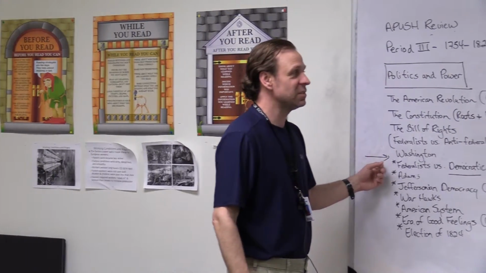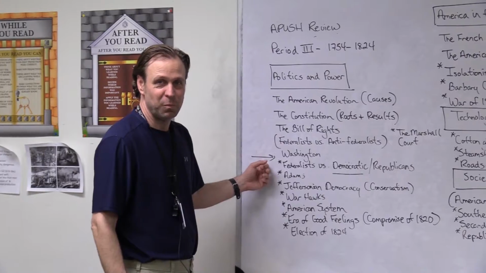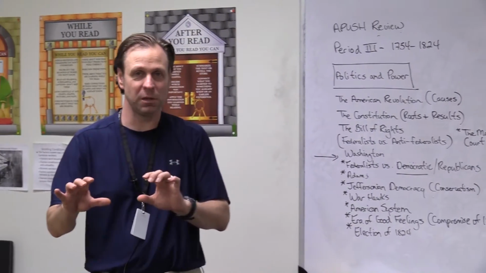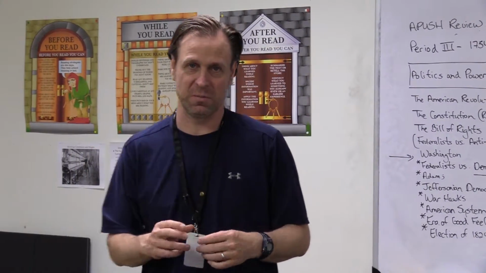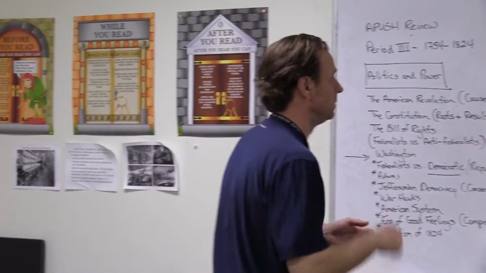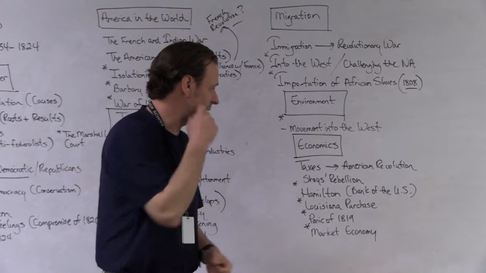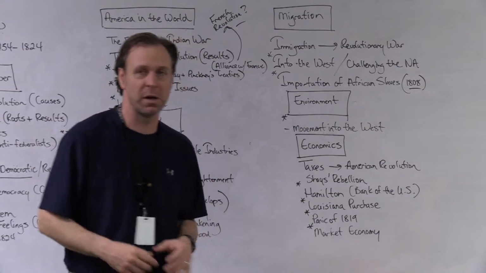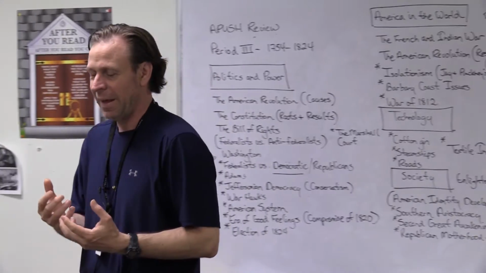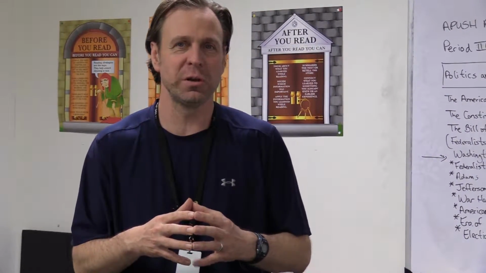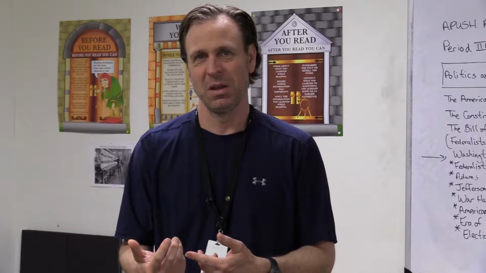But Washington has to deal with something else, because of the differences in opinion between Hamilton and Jefferson, first over the issue of a national bank. Now, one of the things about the national bank was simply this, right? Alexander Hamilton, as Secretary of the Treasury, wants to put the national economy on a good footing.